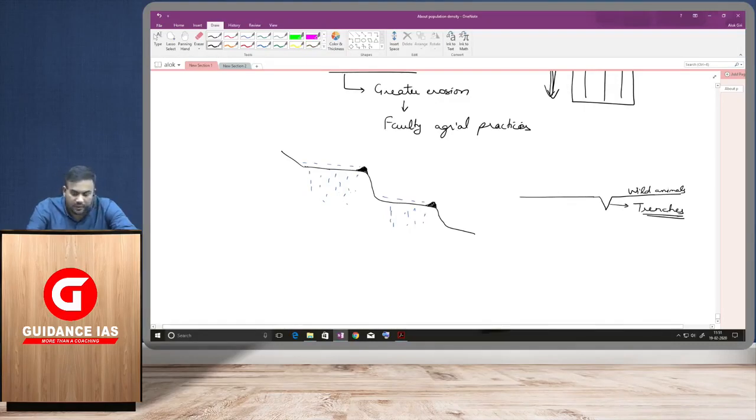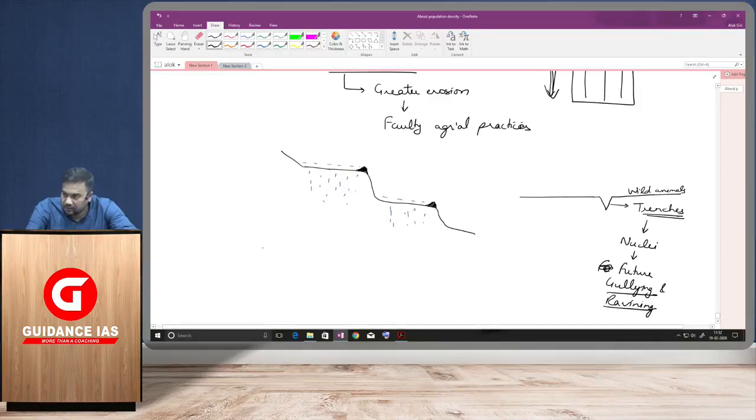What was seen very frequently is that these trenches become nuclei for future gullying and ravining.